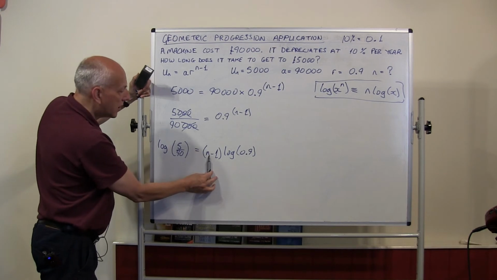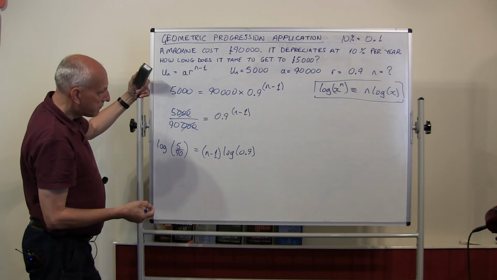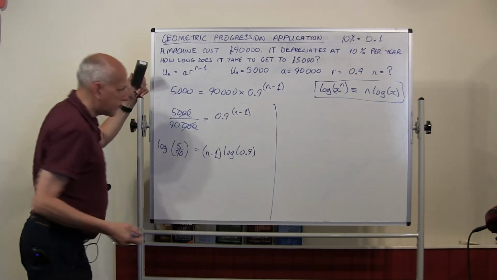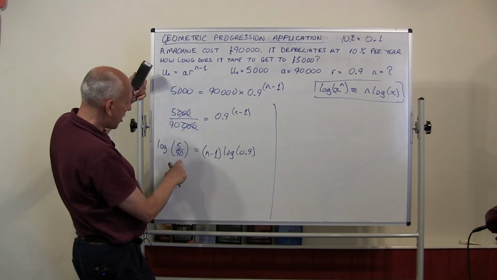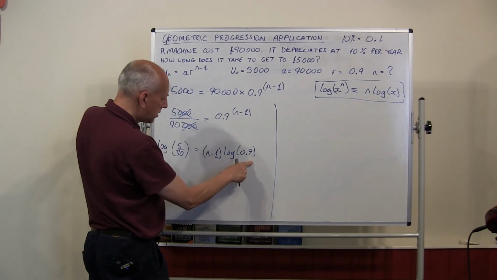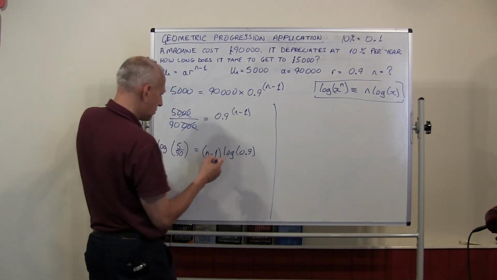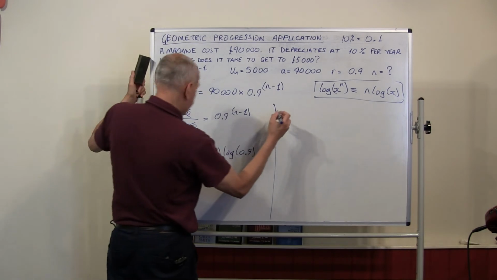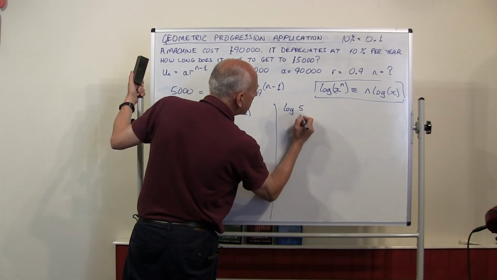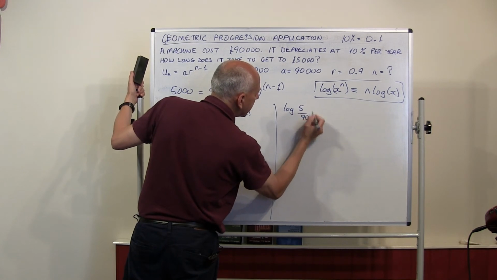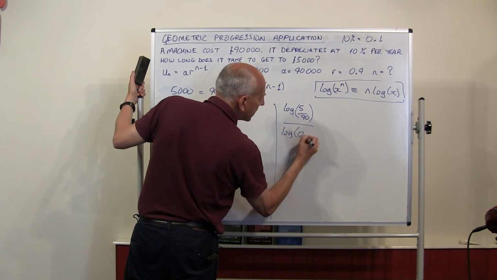We're looking for n, so the next thing to do is move this away by dividing through. So this log divided by that log will equal that. So I've now got log of 5 divided by 90, divided by log of 0.9.